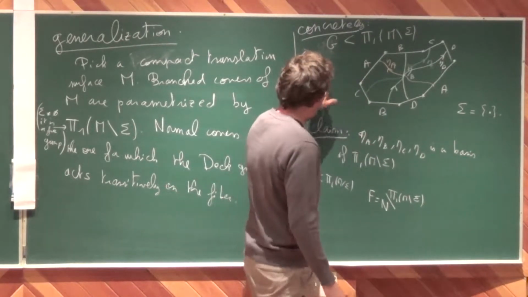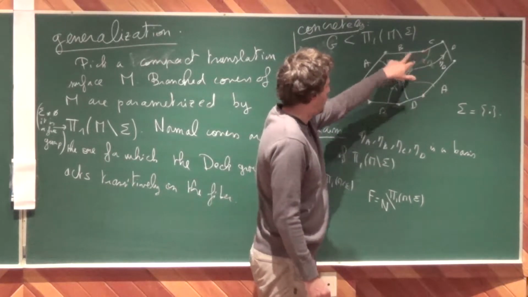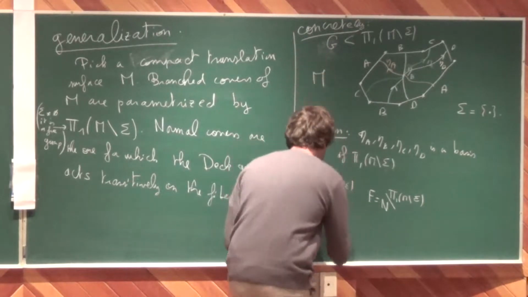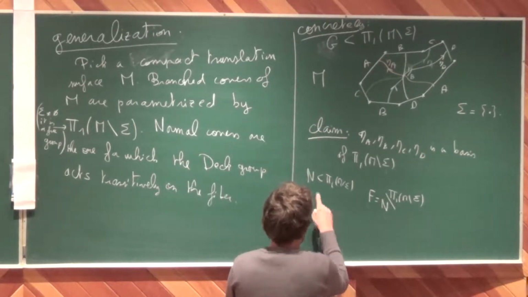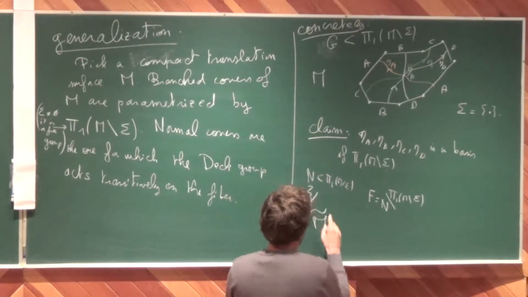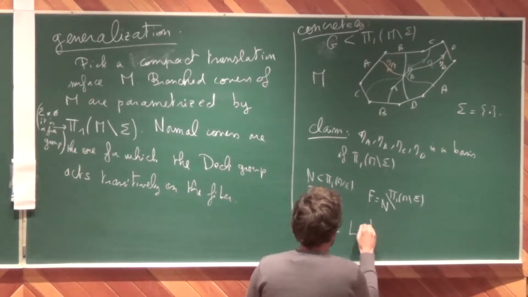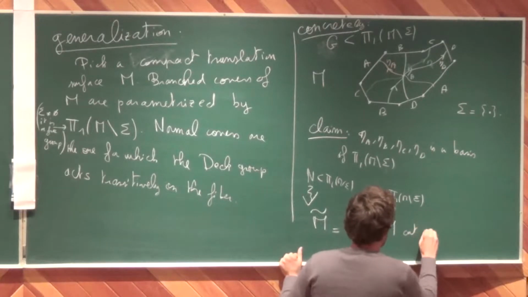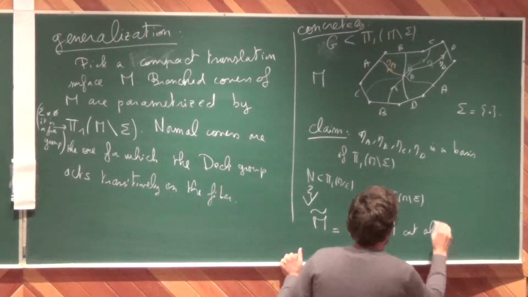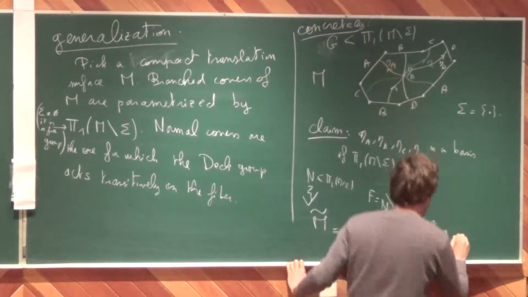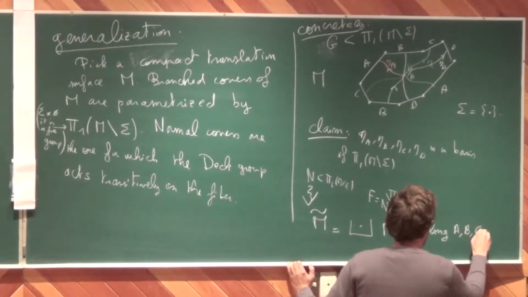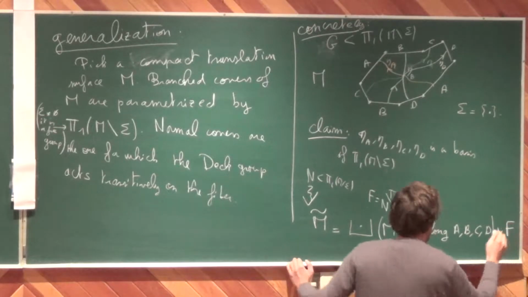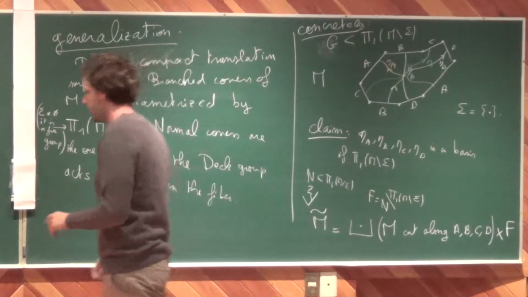And what you do is cut M along the boundary which is written here, and you pick F copies of your surface M. So M tilde associated with this subgroup is just the initial surface cut along the sides A, B, C, D, times the fiber. And how do you glue everything back together?